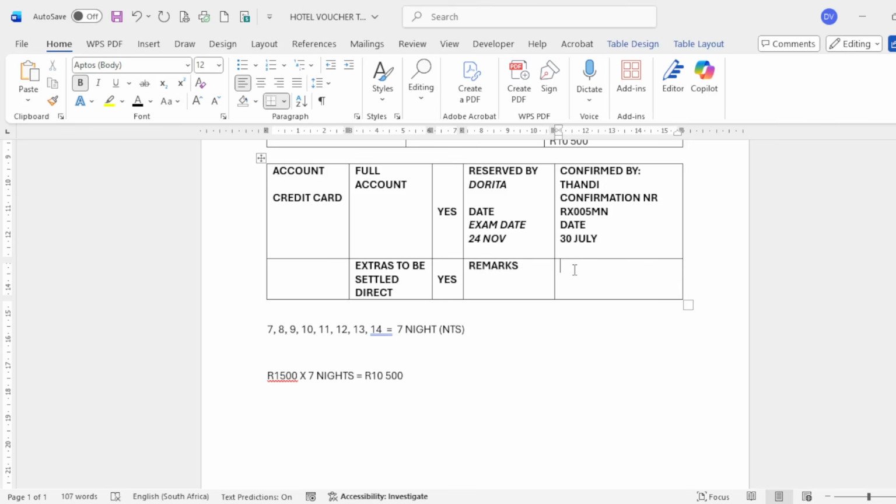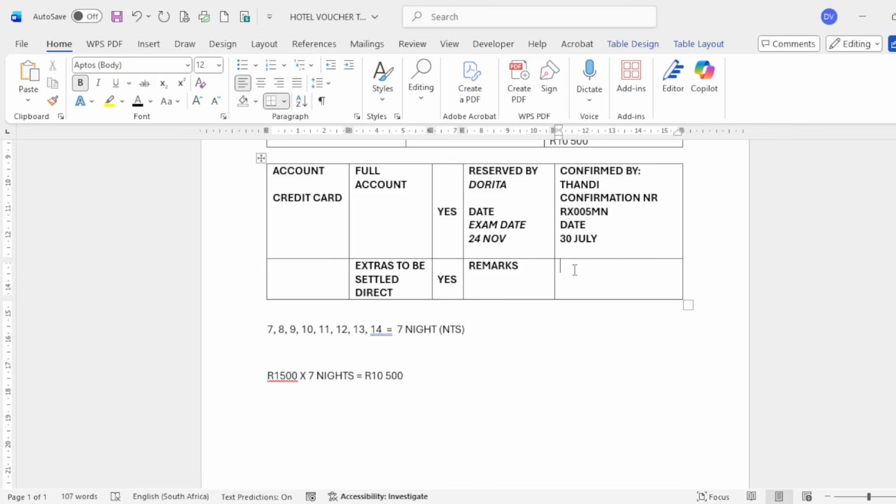So this specific paper, it didn't have any special requests or any weird things that we had to note. But under remarks, this is the place where you'll put in if the customer requested a non-smoking room, a room near the lift, a room with a sea view, a room on the ground floor.